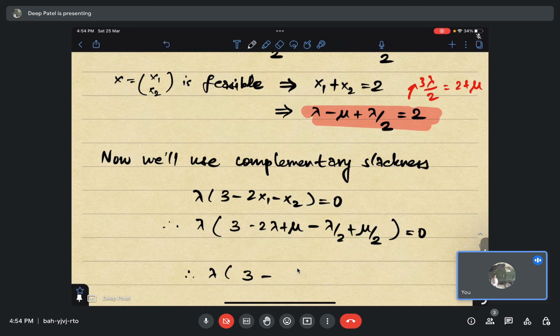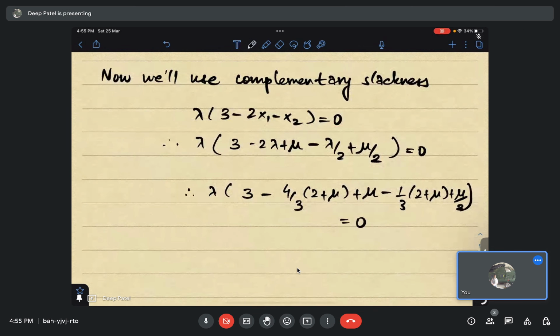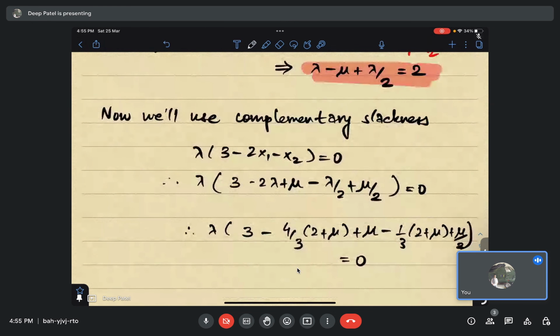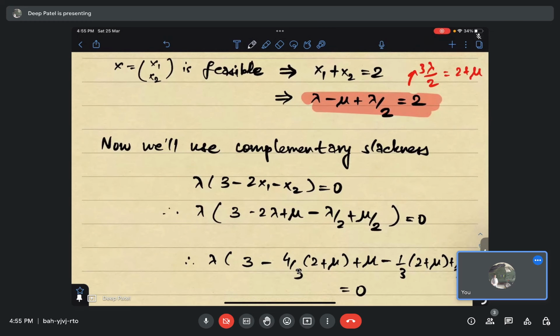So what we will do is 4 by 3 into (2 plus mu) minus 1 by 3 (2 plus mu) by 2 goes to 0. Oops, I think I wanted to write lambda also in terms of mu.